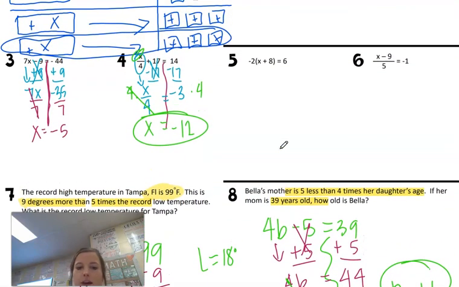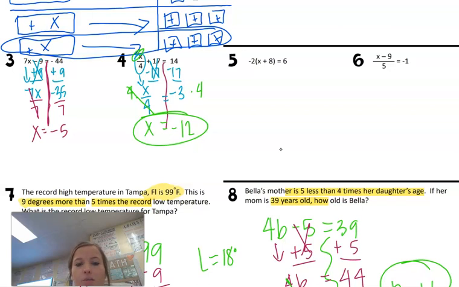All right, coming up here to number 5. Number 5 is pretty much like the same thing that we did on 6. We have to get rid of that number out in front, just like we had to get rid of that number in the denominator. So on number 5, we can do 2 things to solve this problem.